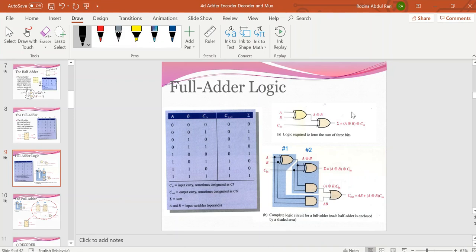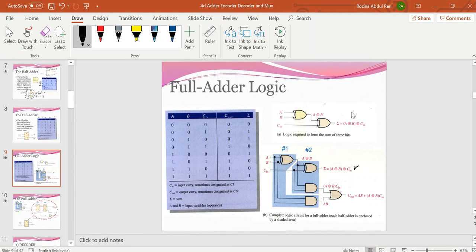A full adder can be implemented in many different ways, such as with a custom transistor level circuit or composed of other gates. One example implementation is with S equal to A XOR B XOR Cin. That's for the output sum.